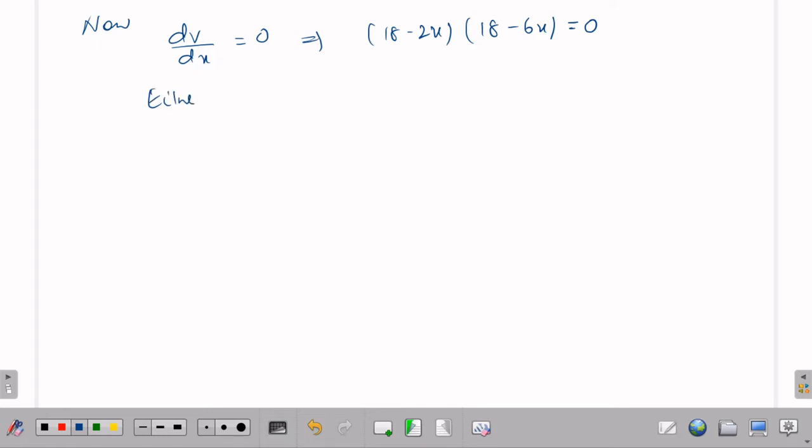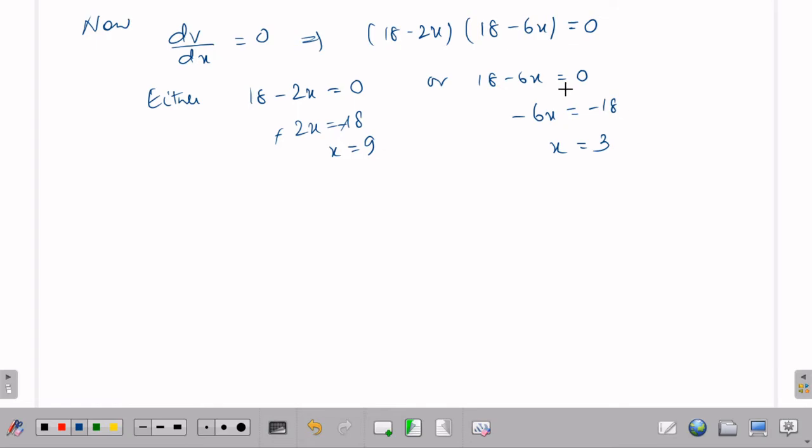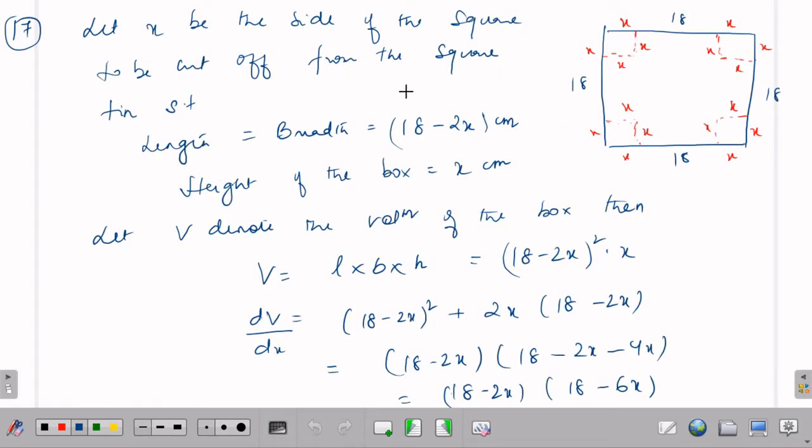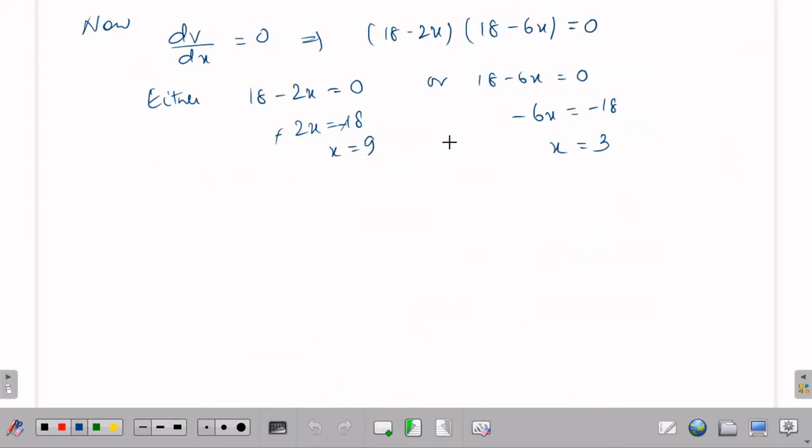So either 18 minus 2x is equal to 0, that means 2x is equal to 18, x is equal to 9, minus and minus will cancel. Or 18 minus 6x is equal to 0, so minus 6x is equal to minus 18, x is equal to 3. If I take x to be 9 and put it over here, I got 18 minus 18, which is 0. So length and breadth cannot be 0, so this one will be rejected.